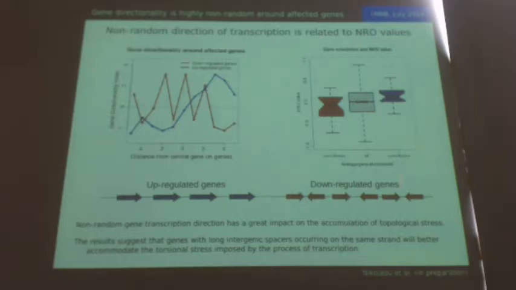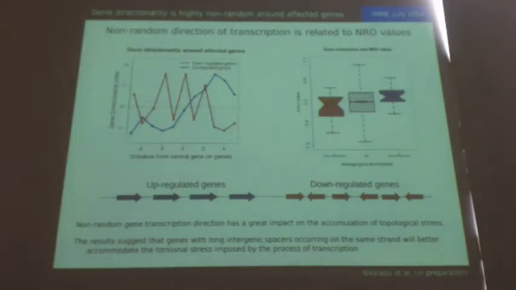Whereas if you pick genes that are in the middle of a co-directional transcription, you have increased nuclear run-on values. So, are the genes co-regulated physiologically? I have not looked at this. We have not seen this.